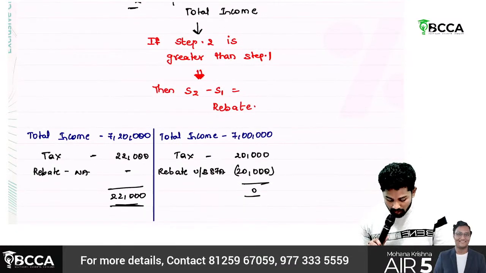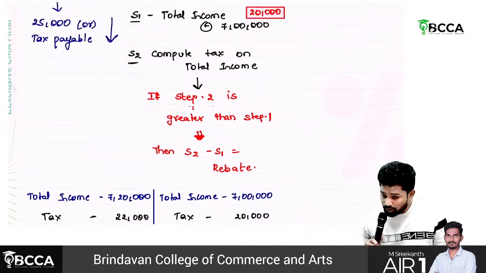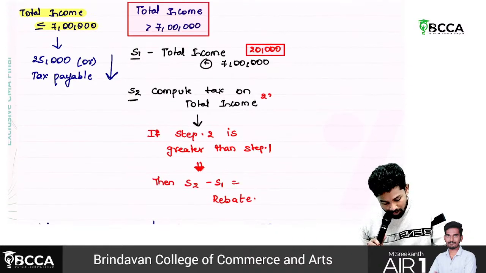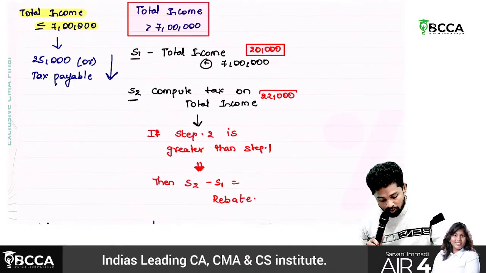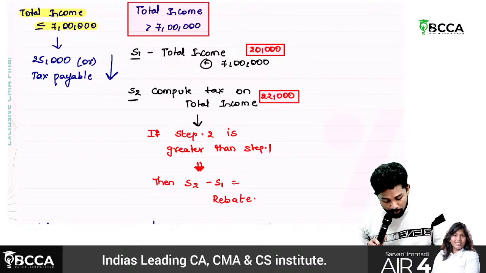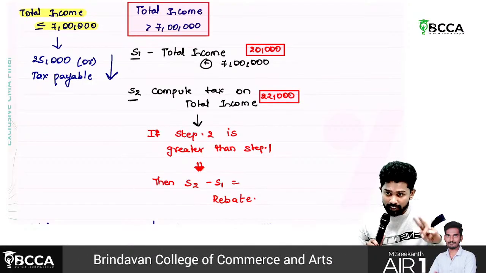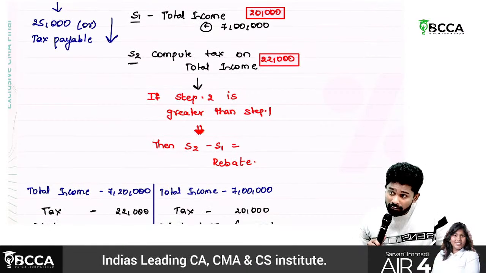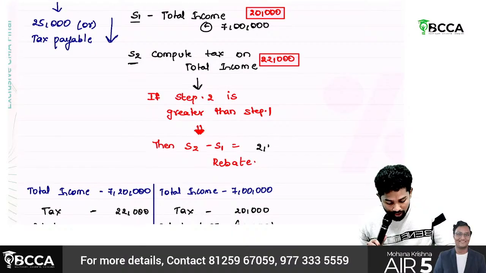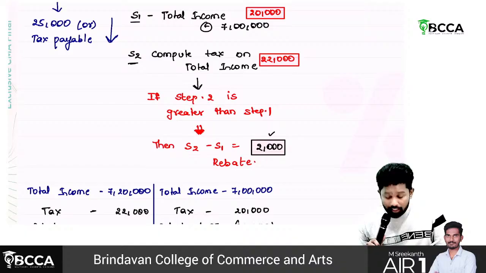The tax on total income is 22,000. Then we have to check if step 2 is greater than step 1. Yes, step 2 is greater than step 1. 22,000 is more than 20,000. Then the rebate available is step 2 minus step 1, that is 2,000.